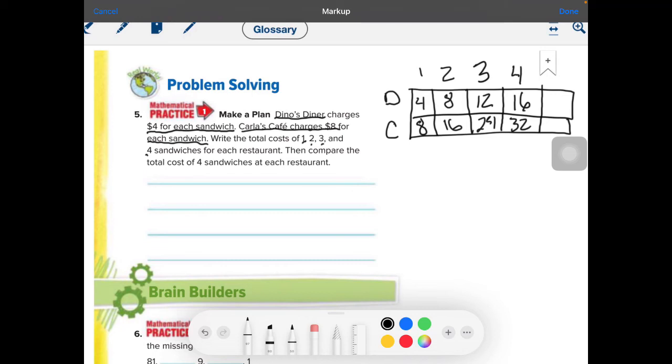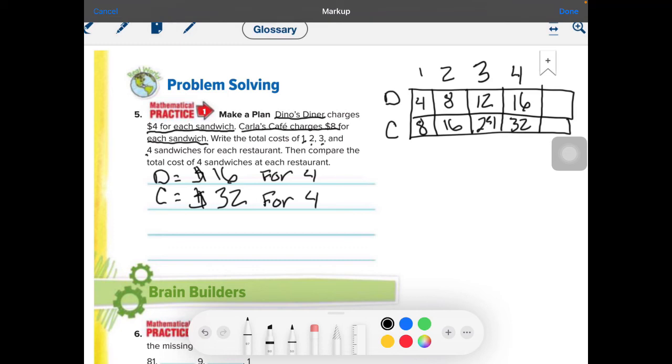We need to compare the total cost of 4 sandwiches at each restaurant. So for Dino's, it's going to be $16 for 4 sandwiches. And Carla's is going to be quite a bit more expensive. Carla's Cafe is going to be twice as much for 4 sandwiches.